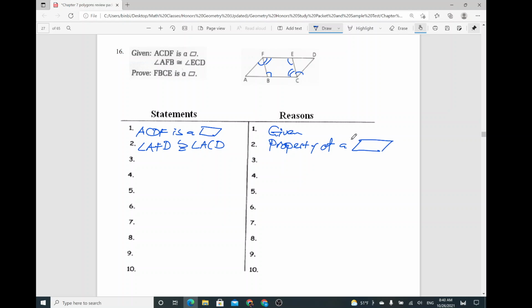Okay, so another thing that we notice, the measure of angle AFB is the same as the measure of angle FBC. And also on the other side, angle ECD is the same as angle FEC. The reason for this one is because those two line segments are parallel, so therefore the alternate interior angles got to be congruent.